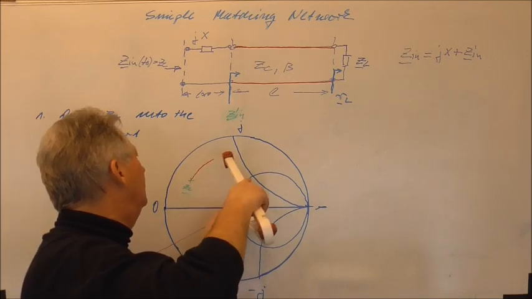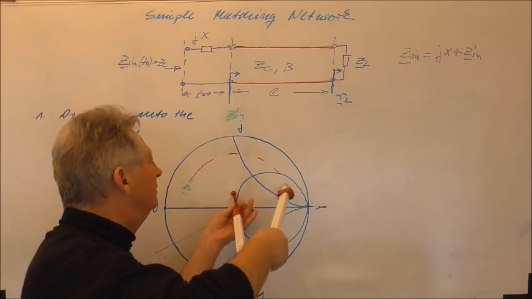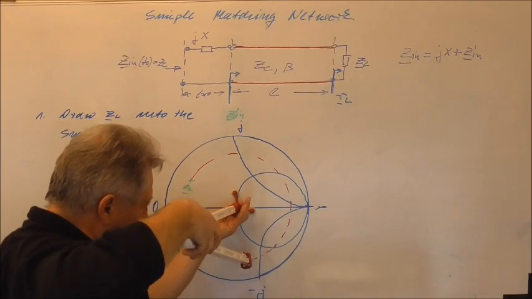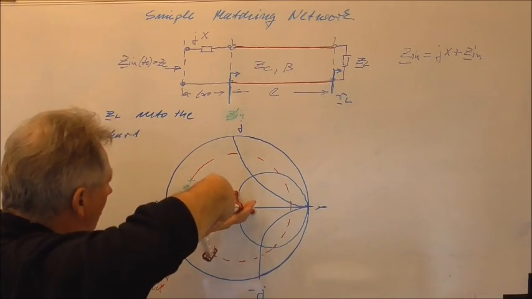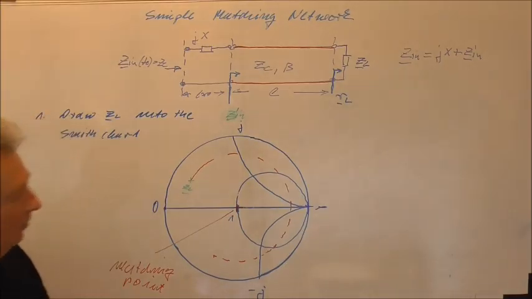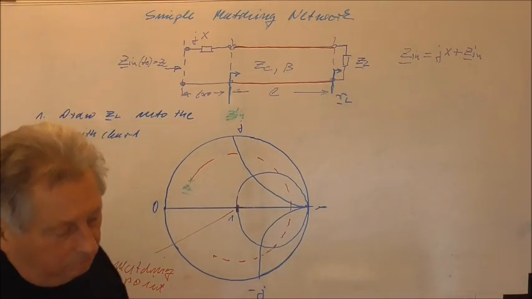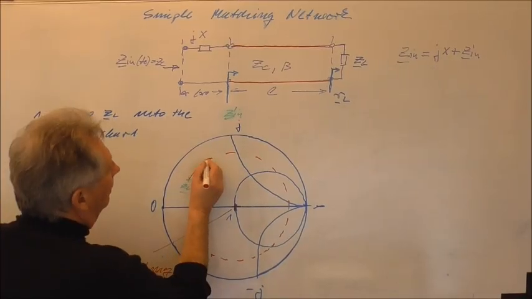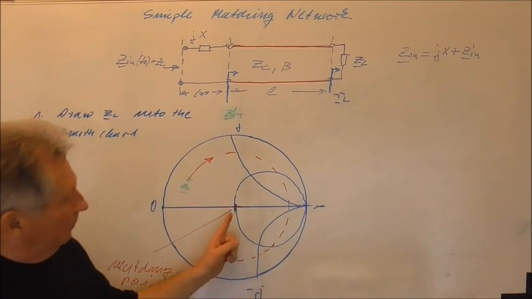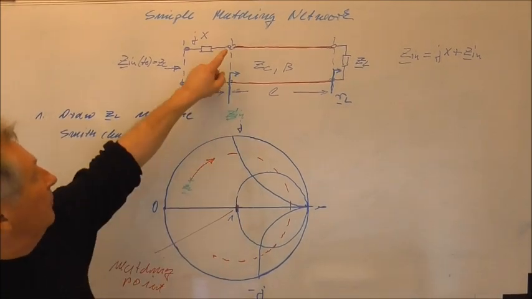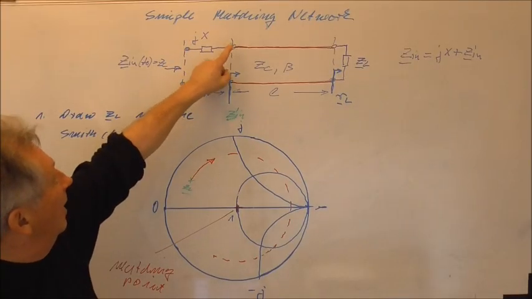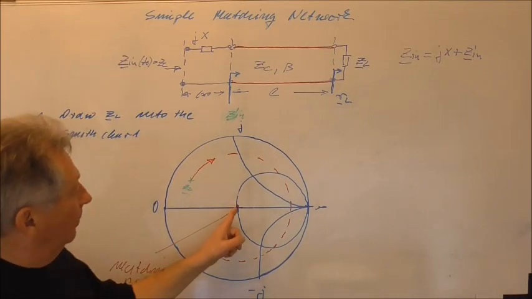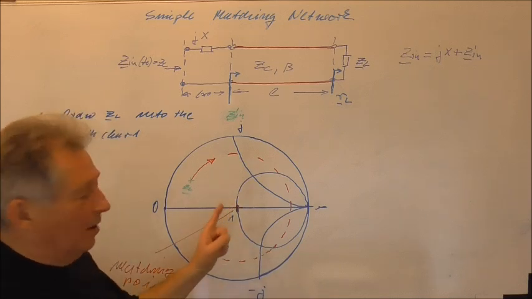We can walk in this direction here, all over. So the question is, if I want to come into this point, and I have as a further element this reactance, where do I have to walk to be able to go into this point?